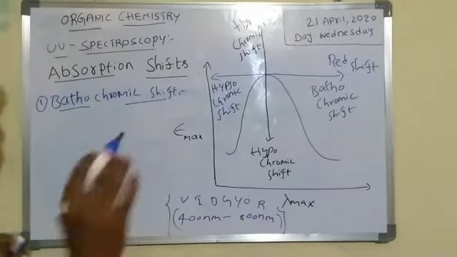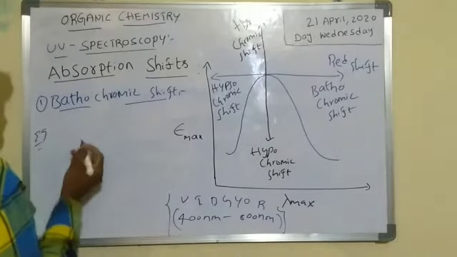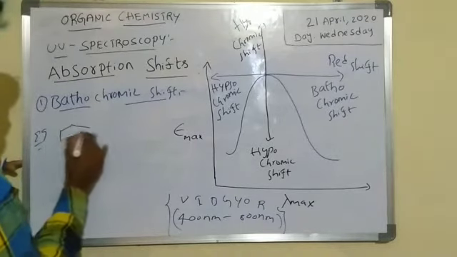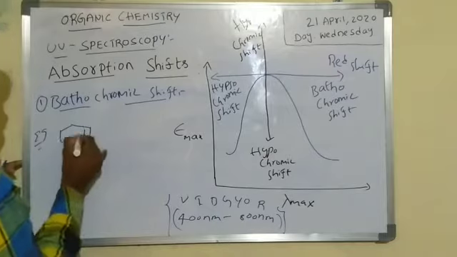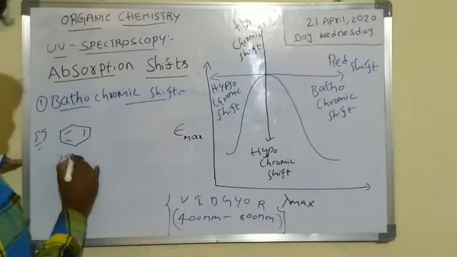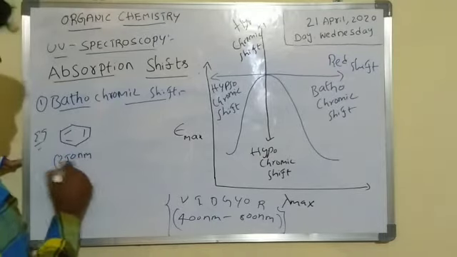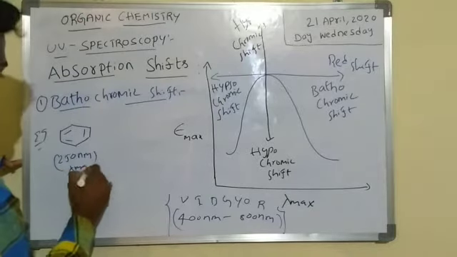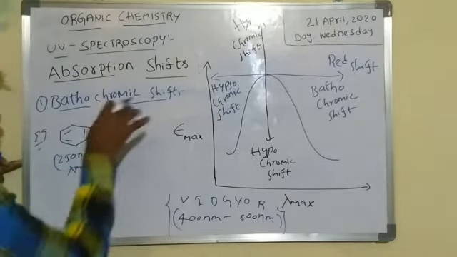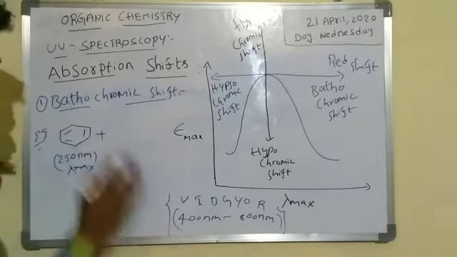Simply, I give you an example. For example, benzene is a chromophore. We know that this chromophore has a 250 nanometers maximum wavelength, which is treated in the presence of an auxochrome. An auxochrome, for example, is amine.